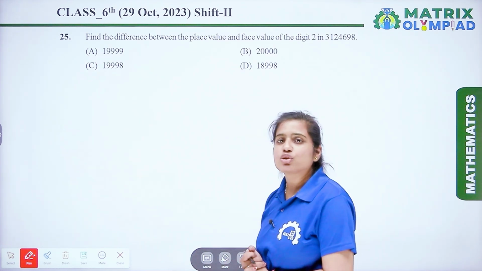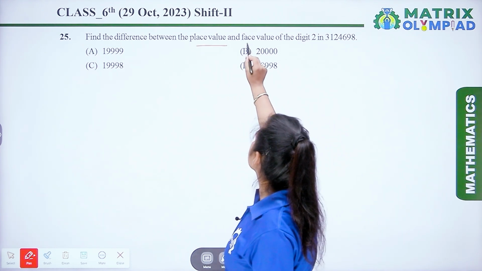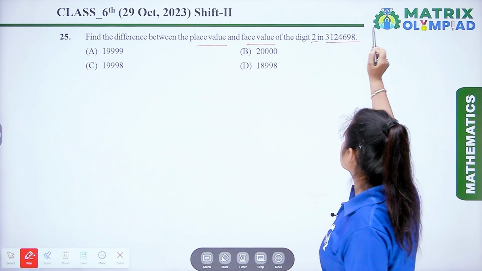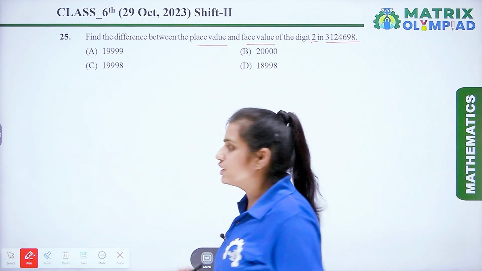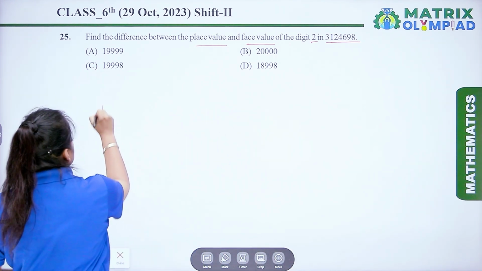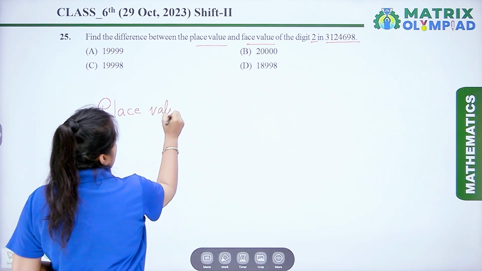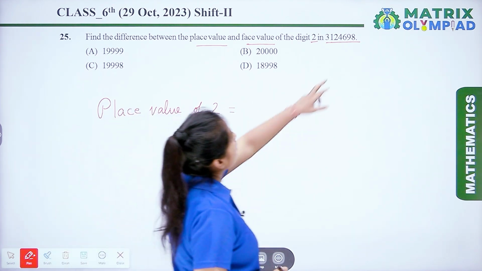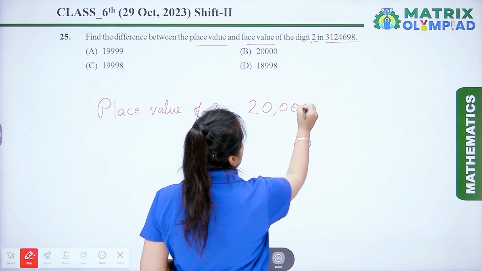Now the next question is question number 25. Find the difference between the place value and the face value of the digit 2 in this number. So here we have to find the place value and the face value. The place value of 2 here is 20,000.